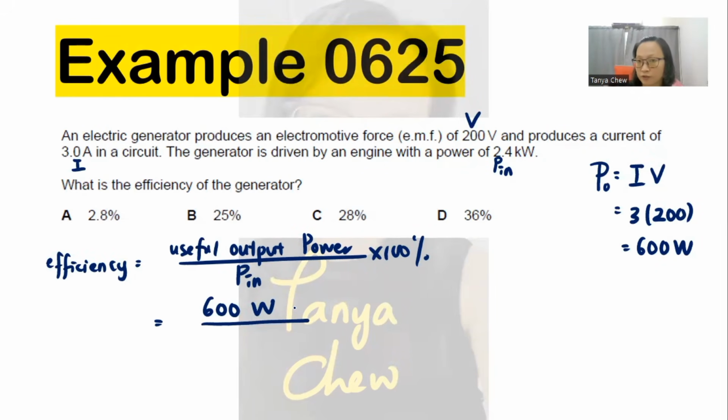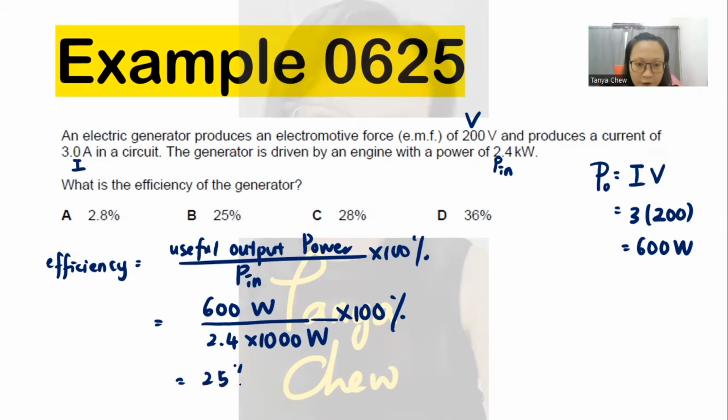Could you see that? The units are the same, but the prefix is different, so you have to convert that kilowatt to watt. Kilo is 1,000, so you times 1,000 watt, times 100%. So 600 times 100 divided by 2.4 times 1,000, and I got 25% as my final answer.